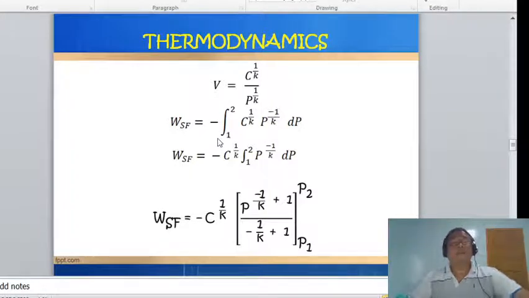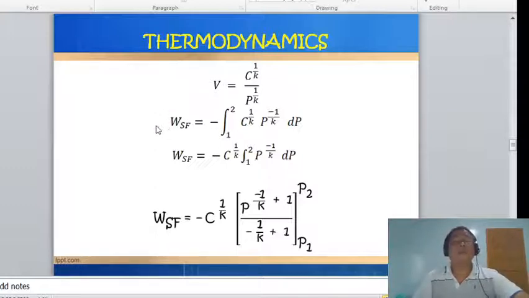Substituting the value for V, that is the negative integral of C raised to 1 over k, and then P raised to negative 1 over k, because this P is located at the denominator, and we bring it up to the numerator rather, multiplied by the differential pressure.